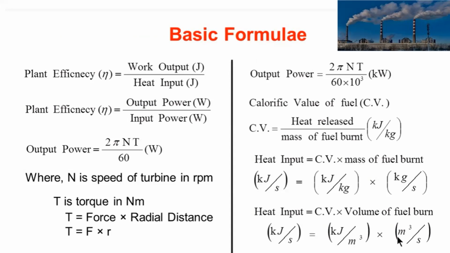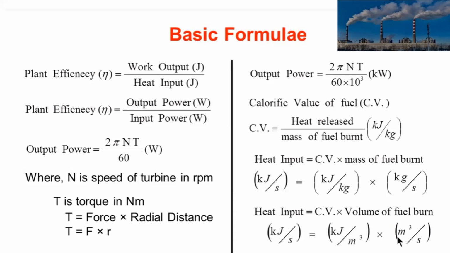Now, what are the basic formulae used for the efficiency? You might have also studied plant efficiency. I will directly go with the formula: work output upon heat input in joules. The plant efficiency is also defined as output power upon input power.